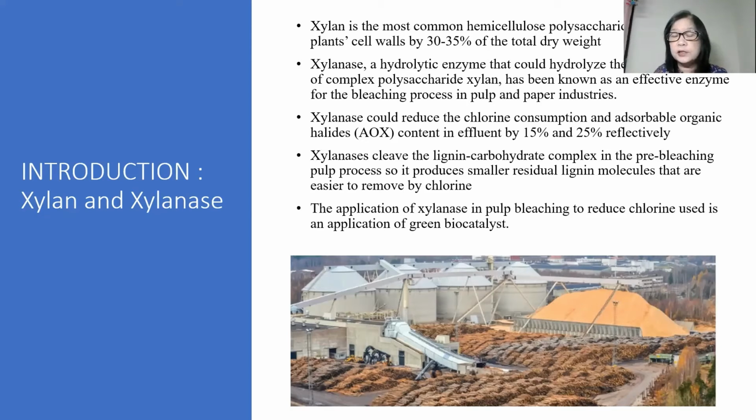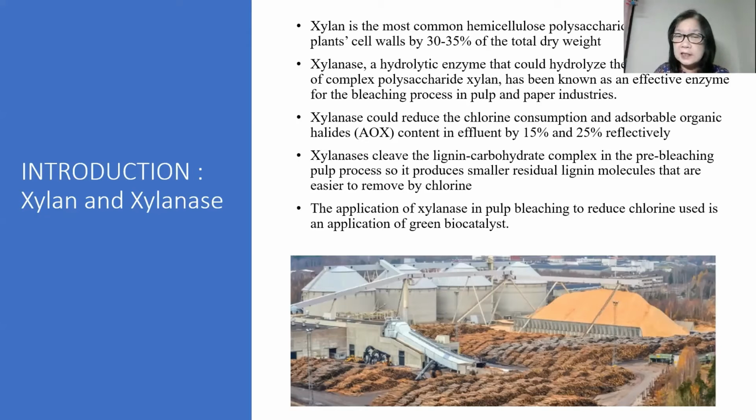Xylanase itself could reduce the chlorine consumption and adsorbable organic halides in effluent by 15 to 25%. So the existence of xylanase is very good for protecting the environment by reducing chlorine use in the bleaching process of paper making.